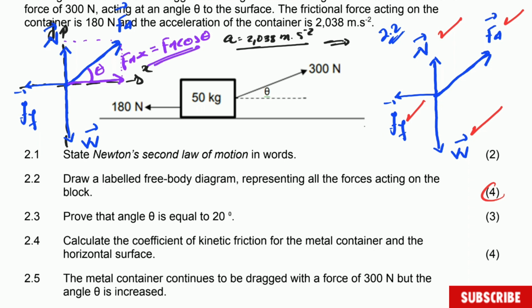And here, if we break in the y-axis, this one is pointing straight. So let's fix this one here. There we go, and this one is FA in y, and you need to know that FA in y is equal to FA multiplied by sin of theta. So using either one of these, we can then calculate the angle they're asking for.